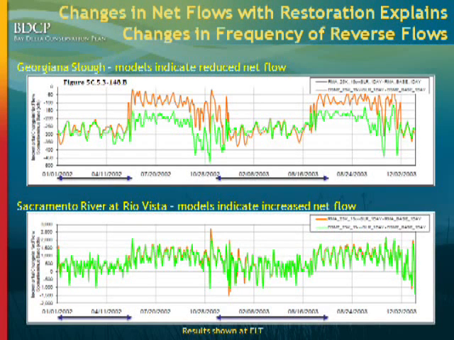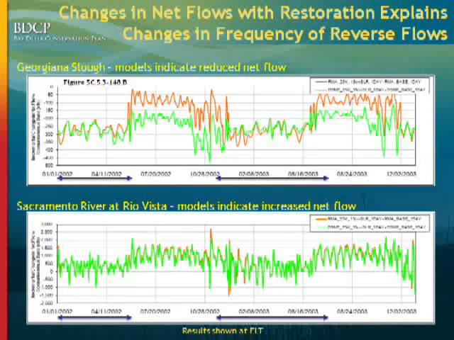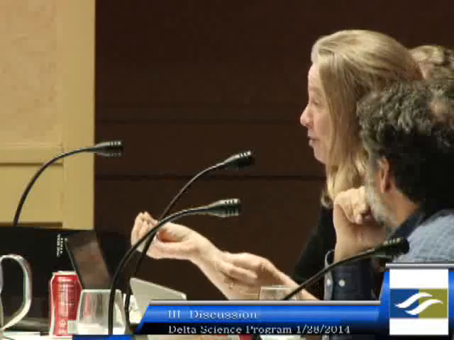What this tells me is that we're either not representing the open water habitats in the same way, or there is a specification of this flow split that maybe needs to be changed when the delta cross channel is changed to a different configuration. One of the nice things about multidimensional models is that you actually have the real bathymetry, and so you have gradients of velocity across that channel, where in the 1D models, you're coming into a junction, and then you're having to model that flow split.